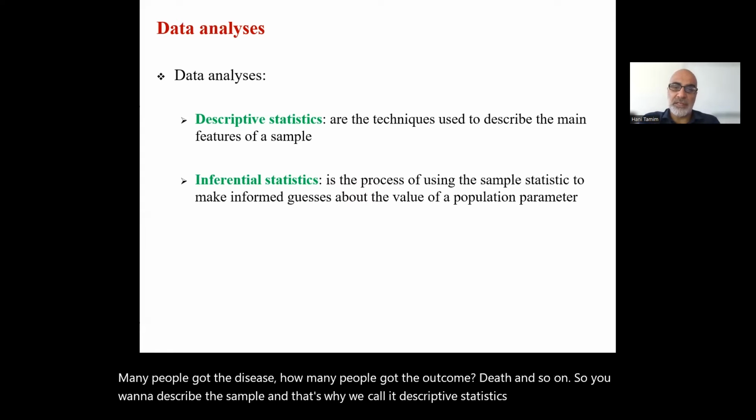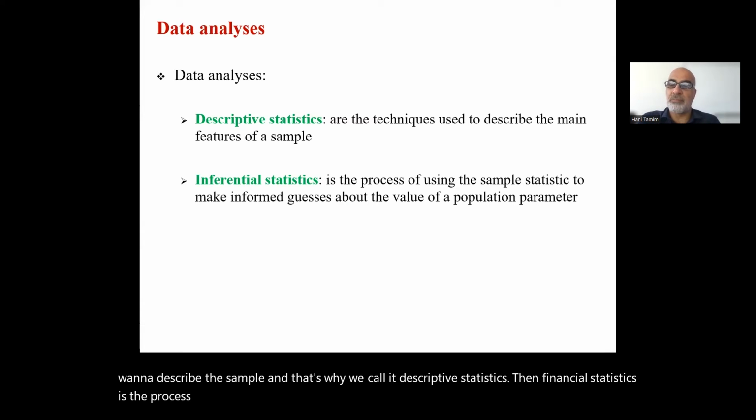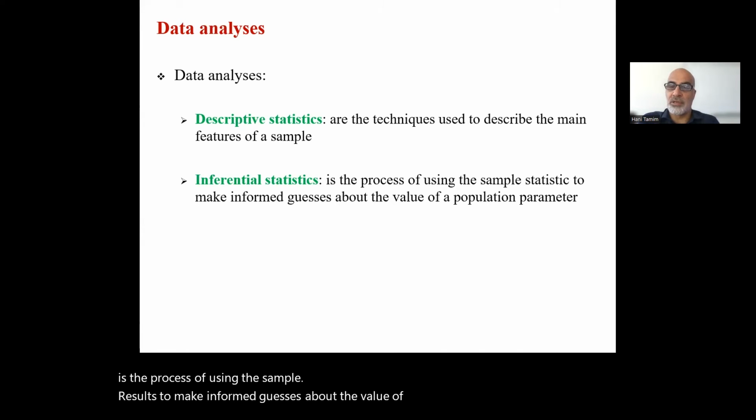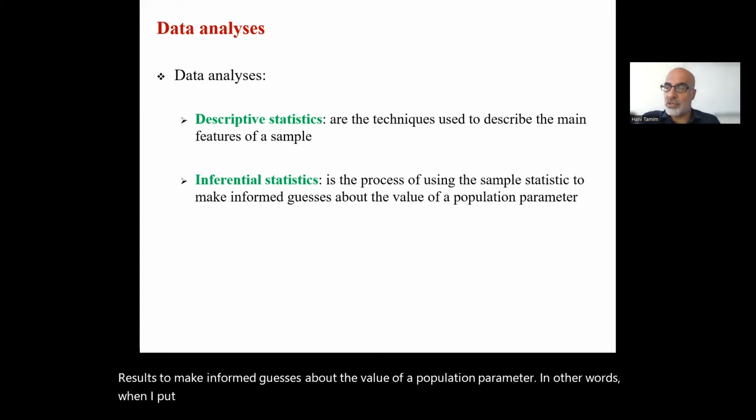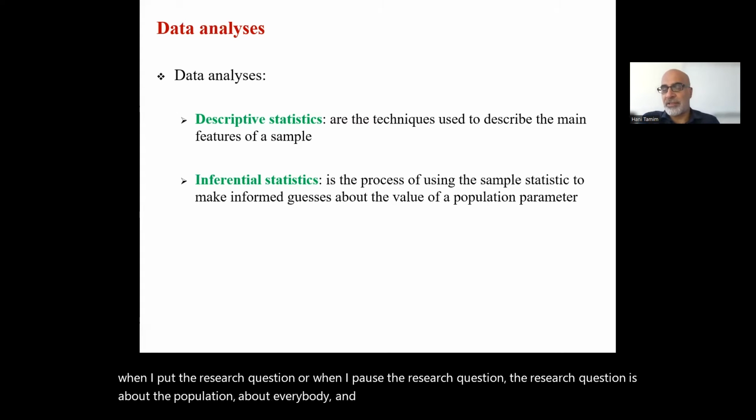The inferential statistics is the process of using the sample results to make informed guesses about the value of a population parameter. In other words, when I pose the research question, it is about the population, about everybody in the population who fits my inclusion-exclusion criteria.